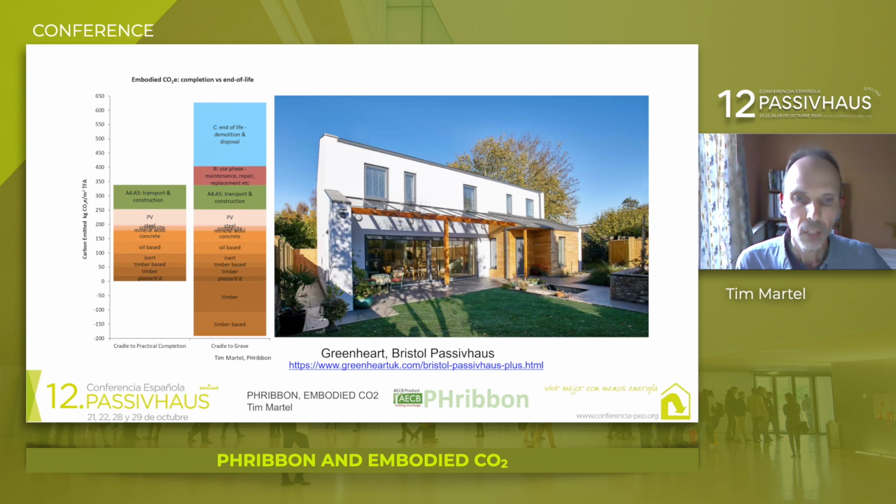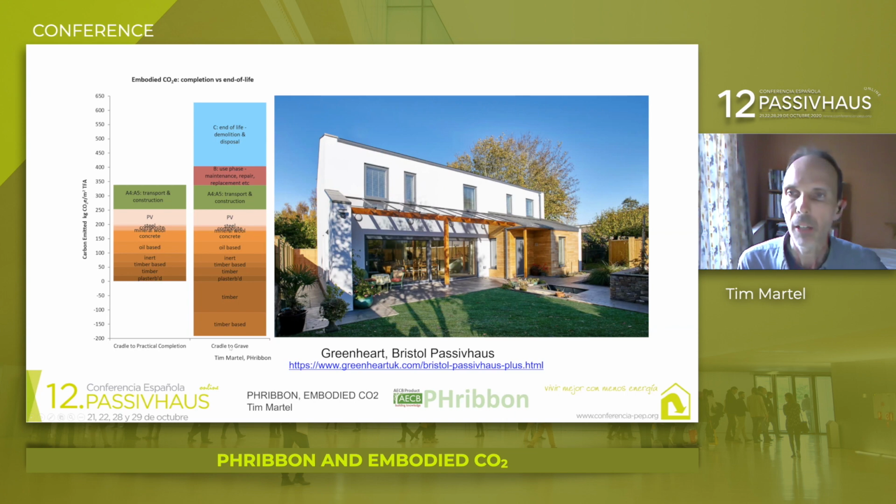So there's a couple of examples I want to go through. This one, new building in Bristol, and there's a comparison here of what you'd get if you were just doing a cradle to practical completion versus a cradle to grave.